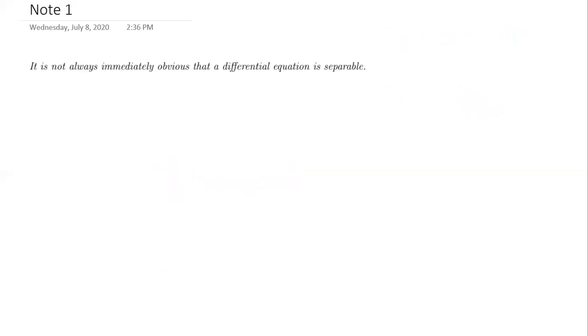Now, it's not always obvious that a differential equation is separable. For example, we looked at this differential equation. Maybe it's not obvious that this actually is separable, that this looks like something involving only x and constants times something involving only y's and constants.